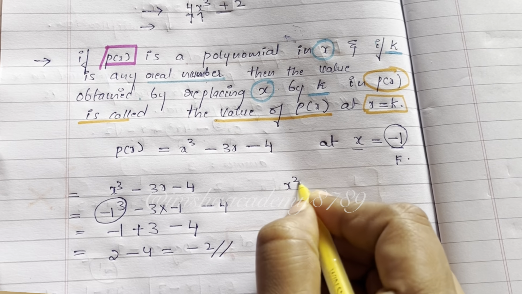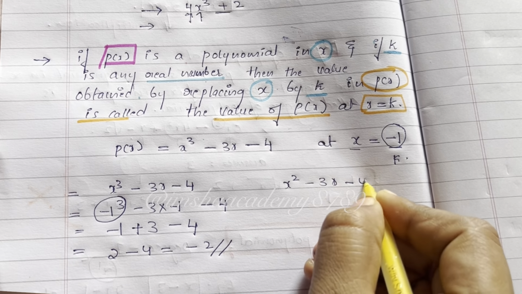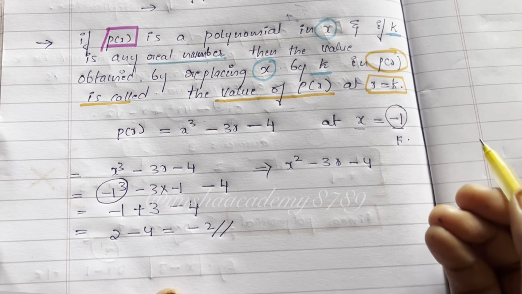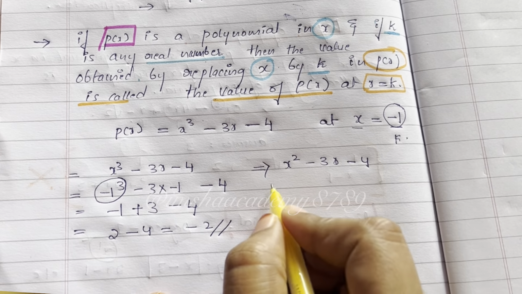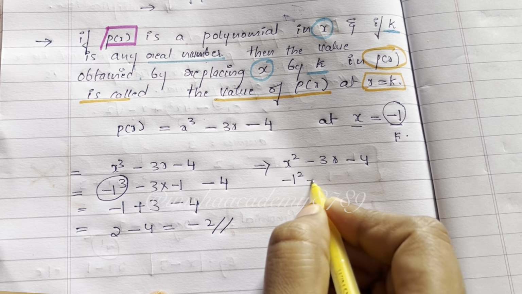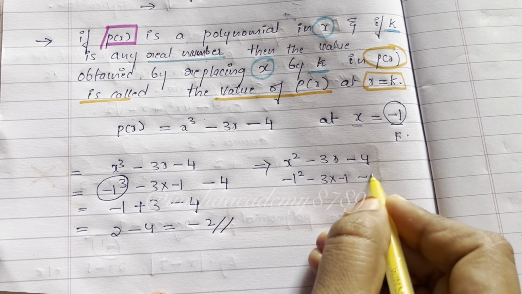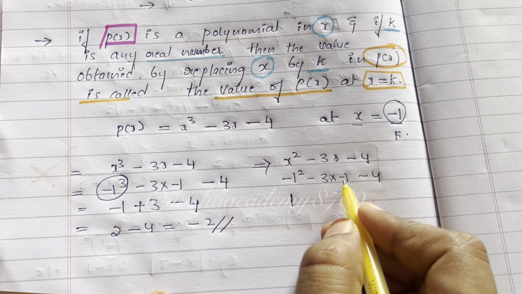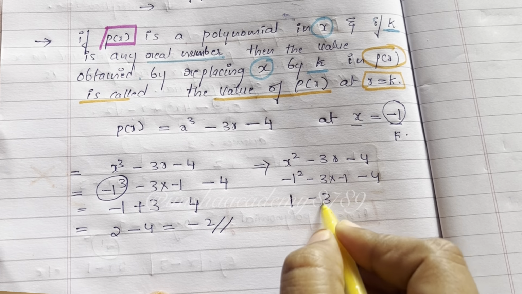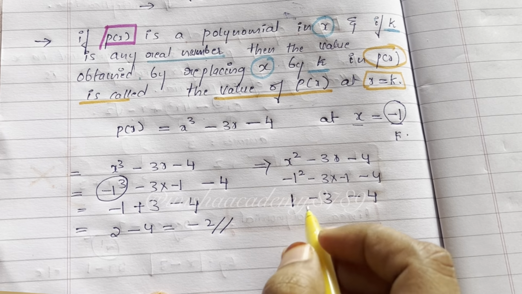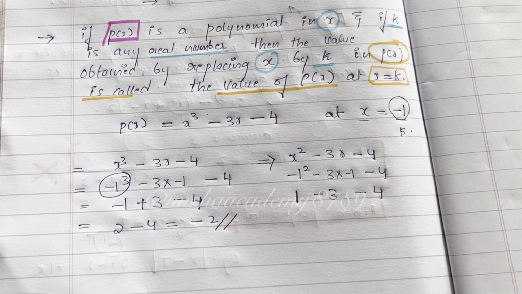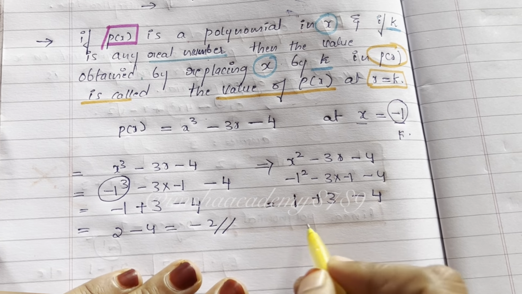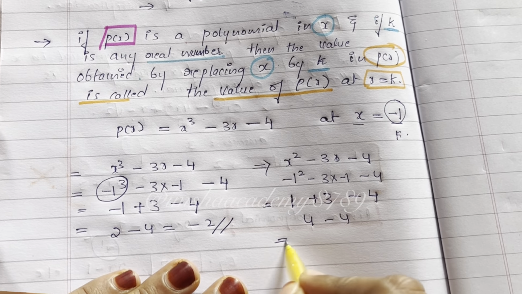Suppose the polynomial is x square minus 3x minus 4, and we have to replace x by -1. Then what will we get? (-1) square is +1, minus 3 into -1 is +3, minus 4. So 1 plus 3 minus 4, the answer is 0.